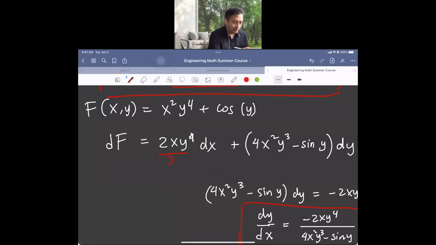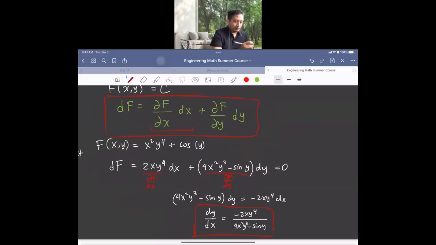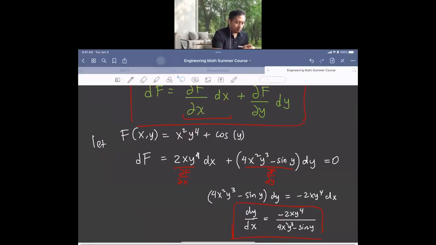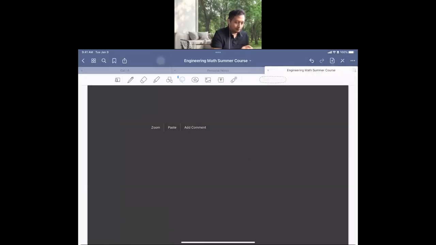Okay. Now this is our dou f dou x, right? This is our dou f dou y. Now let me just copy all and move to the next page to make it more clear.